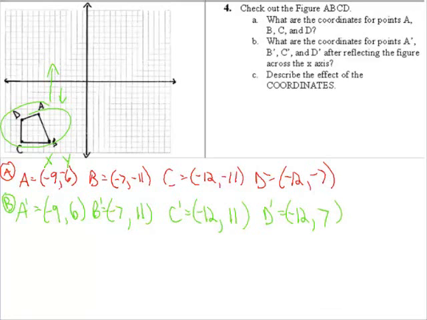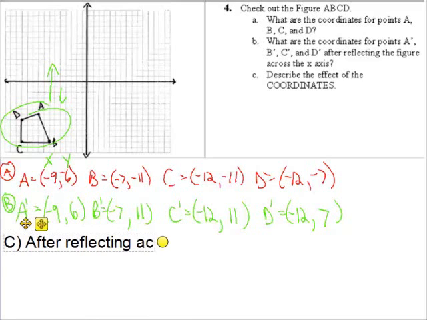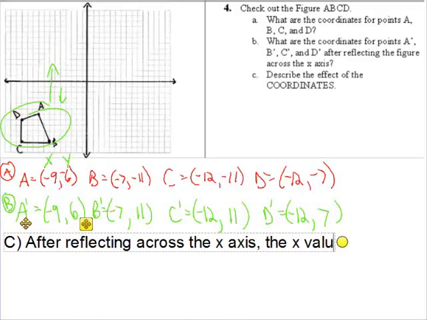So now for the description part, which is probably the most important part, according to the new standards. Describe the effect on the coordinates, and I would say after reflecting across the x-axis, the x values stayed the same.